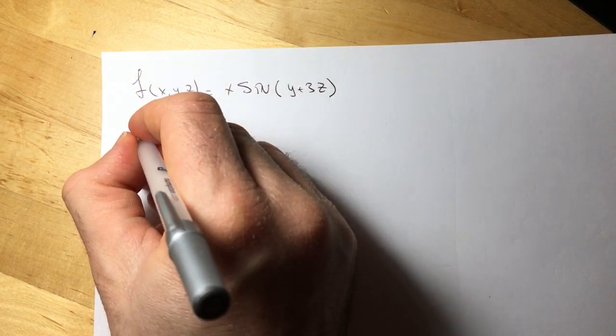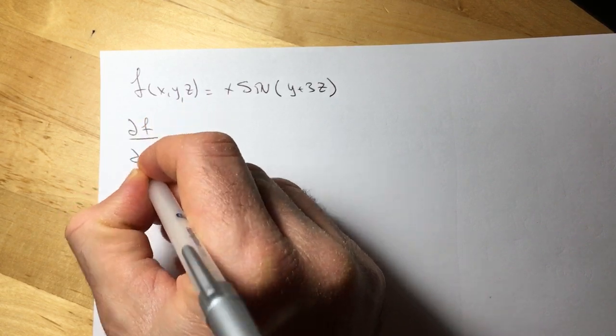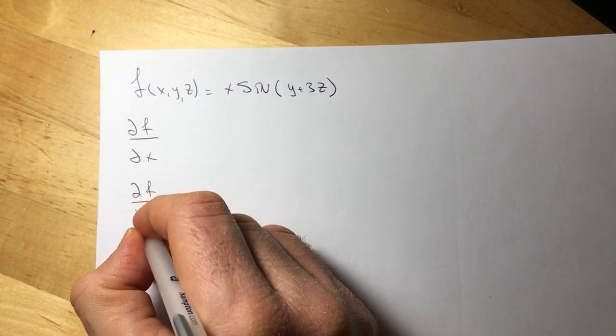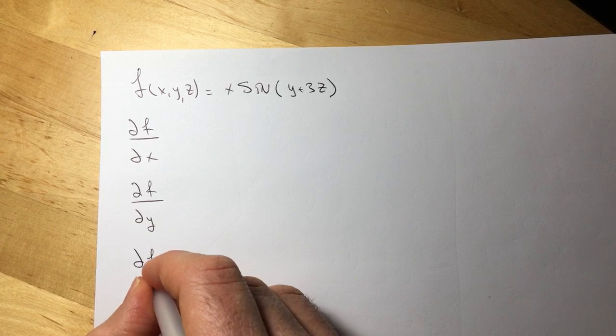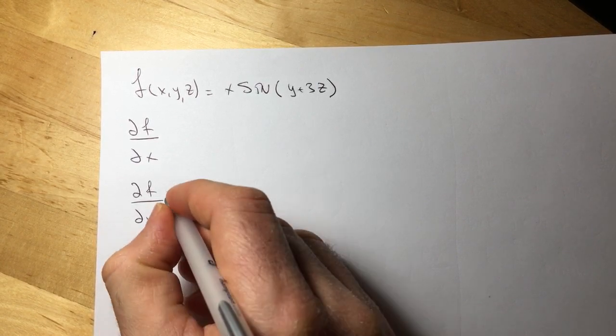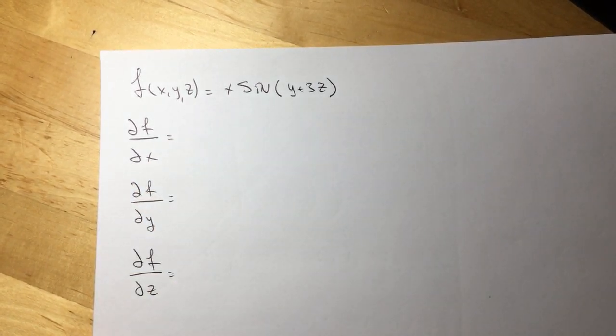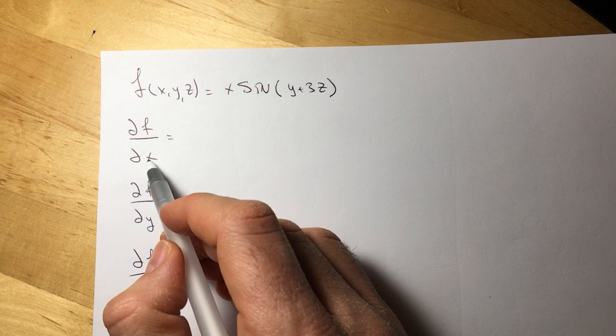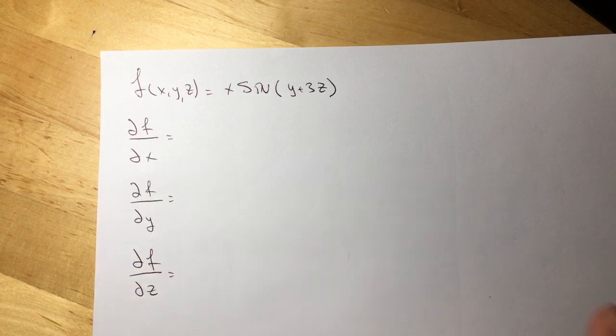Now you have partial f, partial x, partial f, partial y, and partial f, partial z. The logic in evaluating these derivatives is the same, because here I'm looking for the derivative with respect to x. Everything that doesn't depend on x is being treated as a constant.